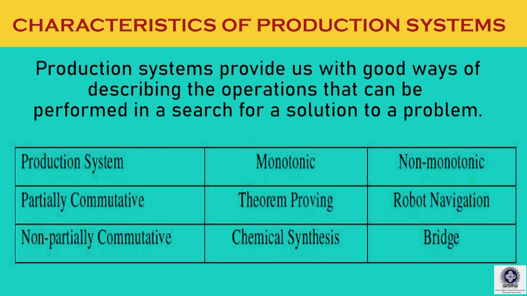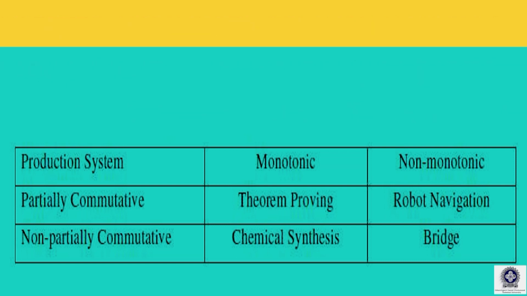In monotonic systems, we can involve theorem proving. In non-partially commutative, we can include chemical synthesis, and in non-monotonic partially commutative, we can involve robot navigation, and in non-partially commutative, we can involve bridge.